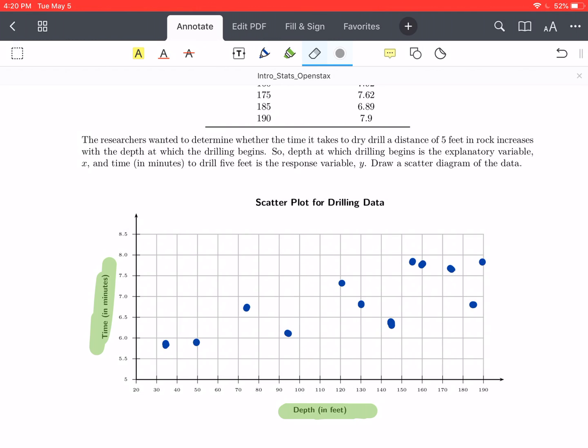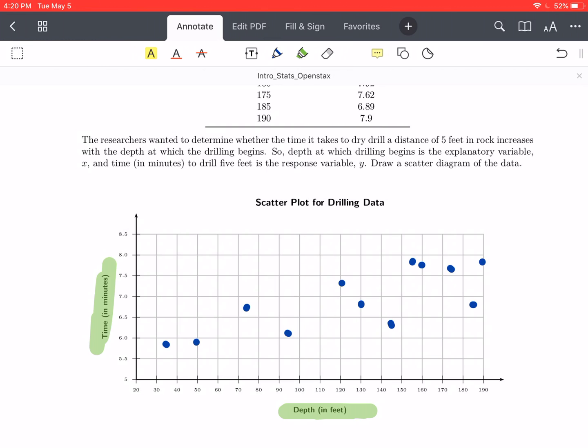There we go. Trim a little bit of that excess off. And here we have our scatter diagram, or our scatter plot.